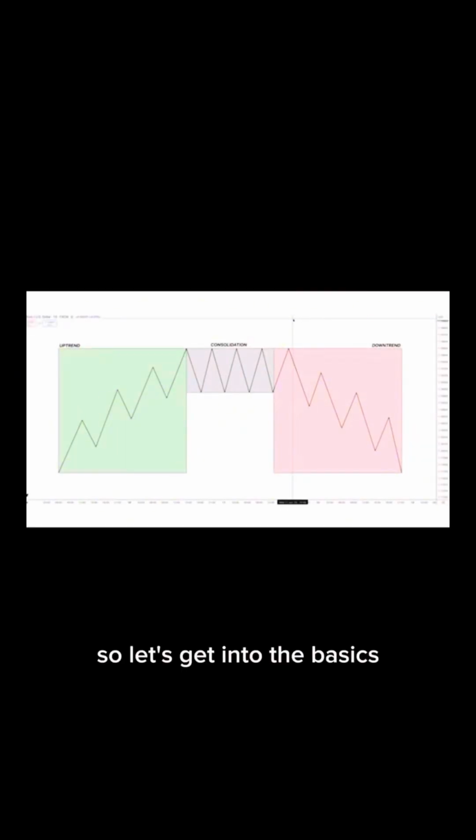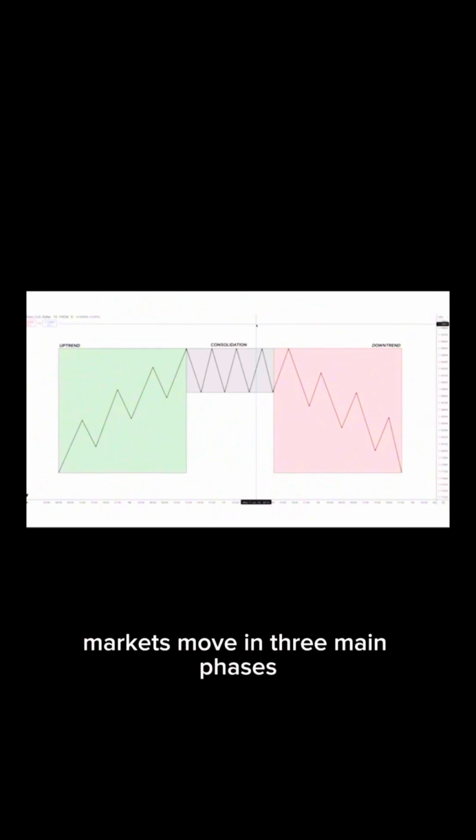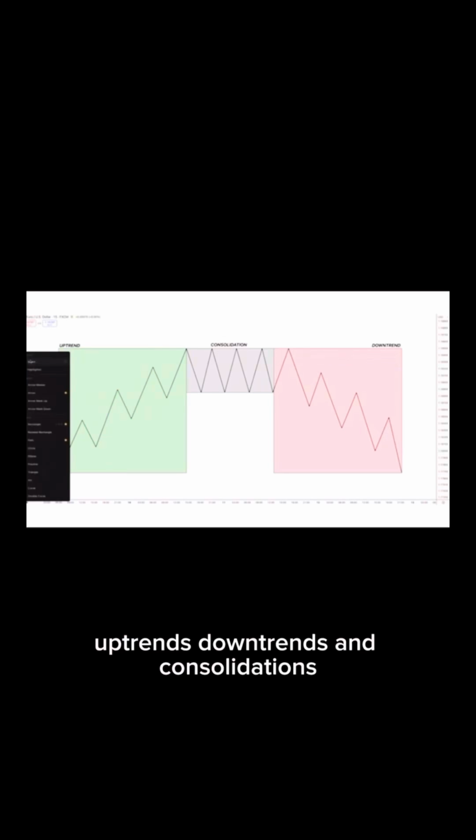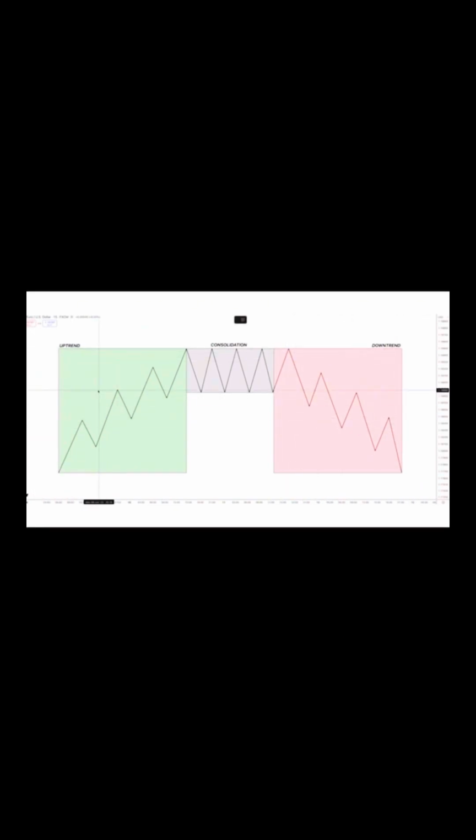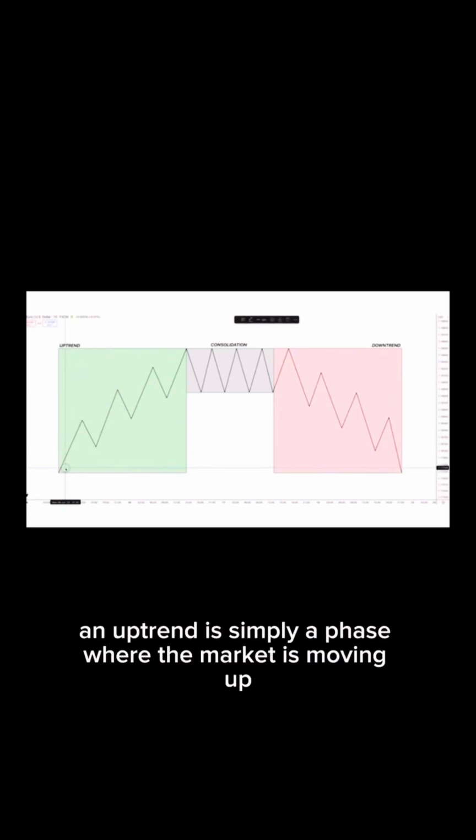So let's get into basics. Market moves in three main phases: uptrends, downtrends, and consolidations. An uptrend is simply a phase where the market is moving up.